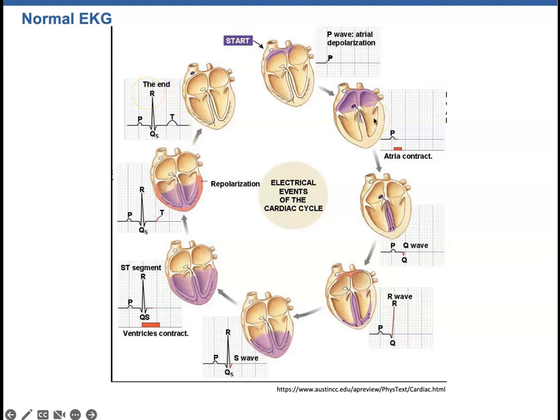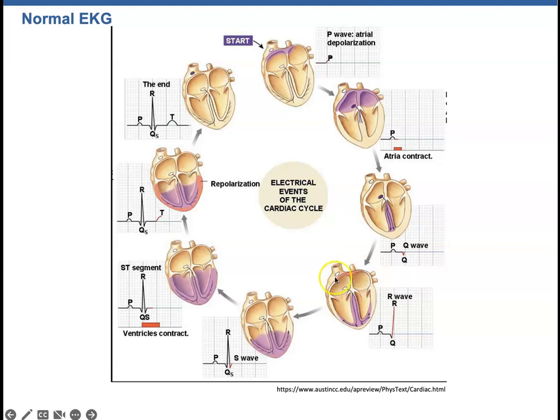And so you may be asking yourself, okay, if the atria depolarized and they went into atrial systole, when do they go back and relax? They actually repolarize during the QRS complex. So when the ventricles are depolarizing, that is when the atria right here are entering their repolarization.